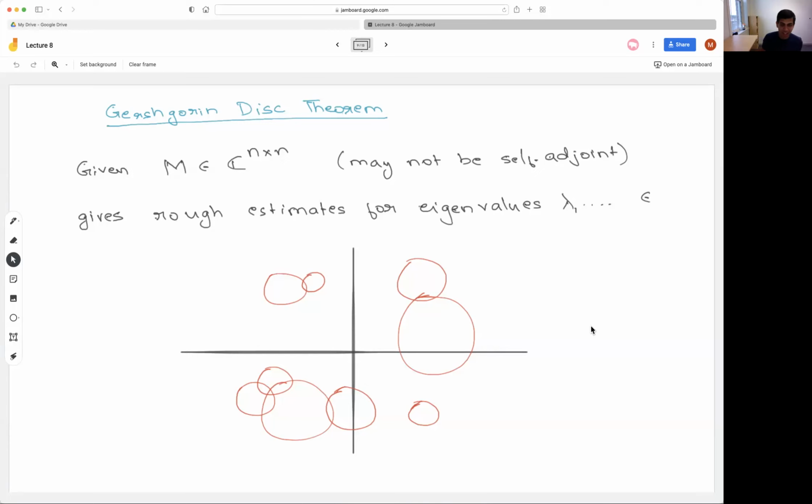Okay. Let's get to another application, which is a fairly useful tool in terms of understanding matrices, eigenvalues, etc. There are algorithms for computing a singular value decomposition, or for computing eigenvalues and eigenvectors of matrices.